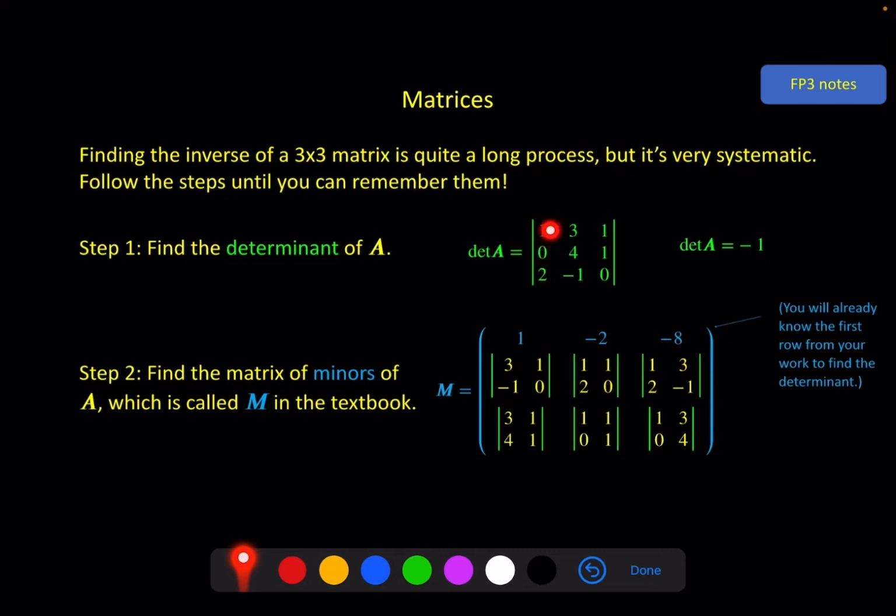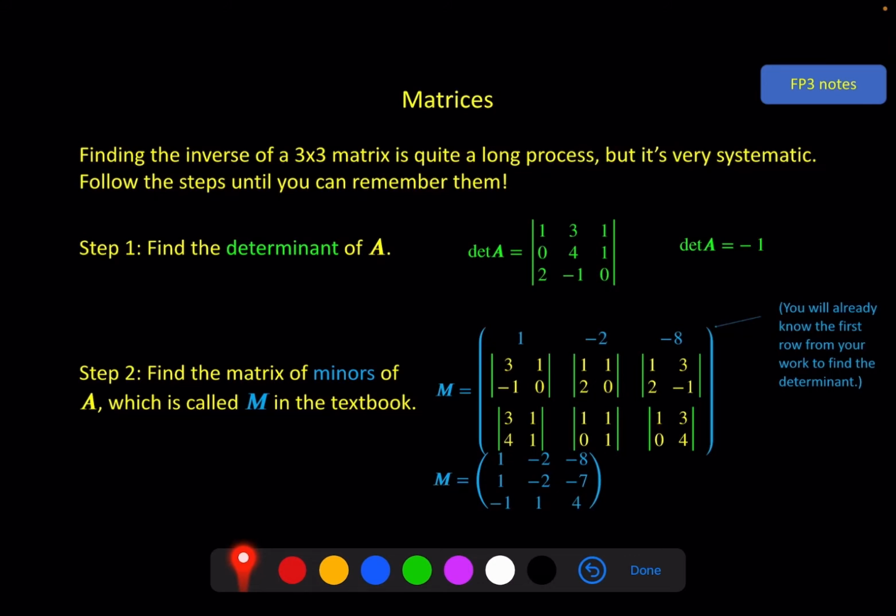Cross out column and row with that element in, and you are left with 3, 1, minus 1, 0. Then you have to do that 3 times 0 minus 1 times minus 1 to get the minor for that element here. And if you do that with all of these 6, this is the matrix of the minors. That's a long process, but we're not finished yet.